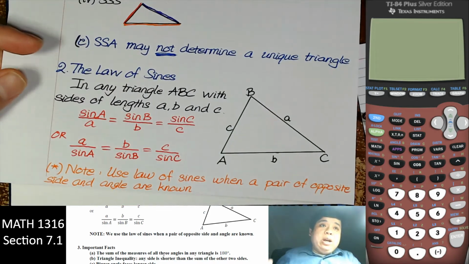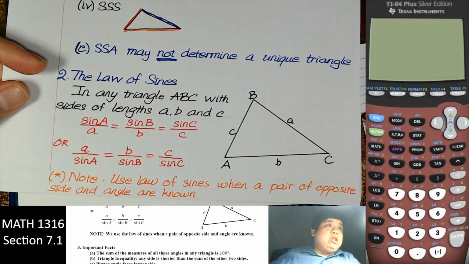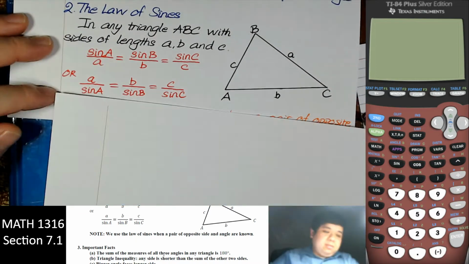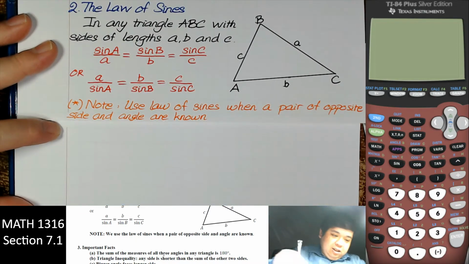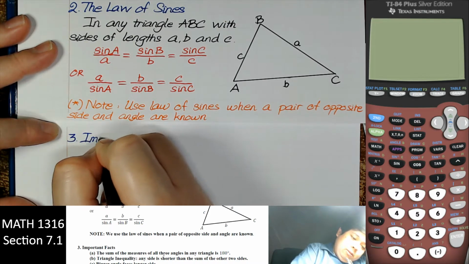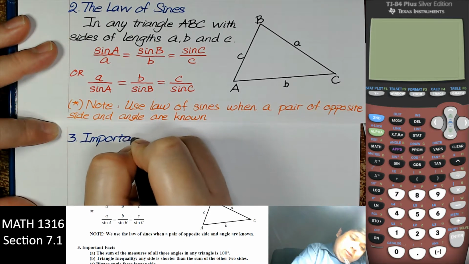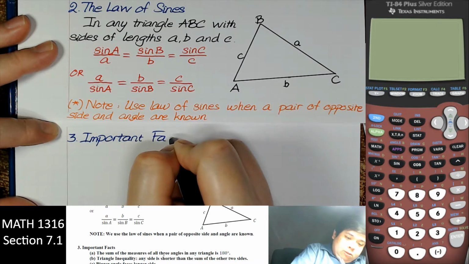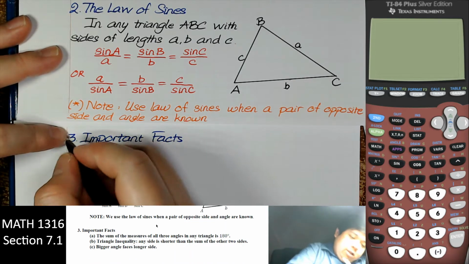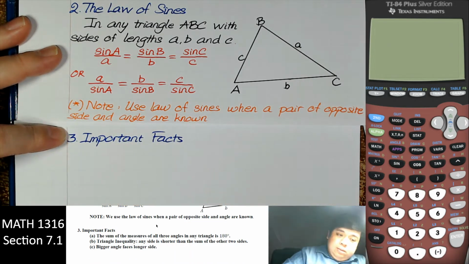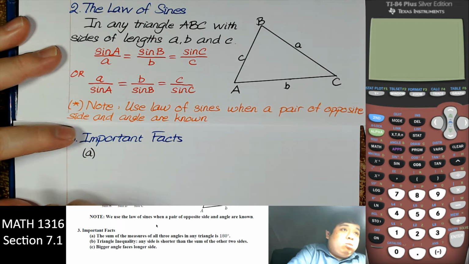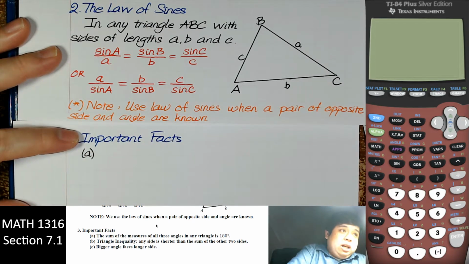Before we actually go to the problem, let's review some important facts about triangles. First, the sum of all three angles in any triangle is 180 degrees.